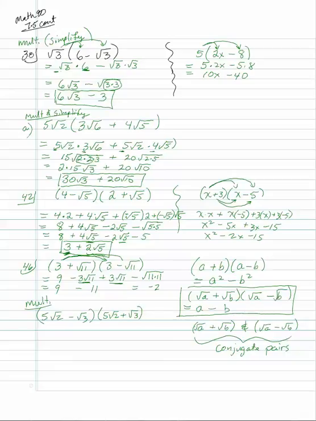Then you use this technique where you square the first number minus you square the second number, and you get 5 squared times square root of 2 squared is 2, minus square root of 3 squared is 3. So you get 25 times 2 is 50 minus 3. And see, you get a nice rational number. It may not be whole, it could be a fraction. Okay? So we'll talk about this in a second.